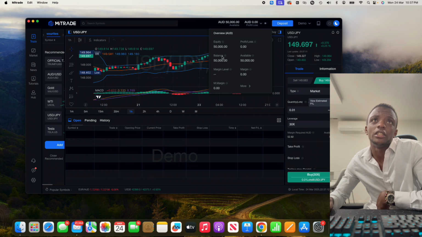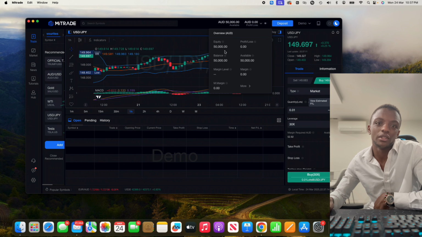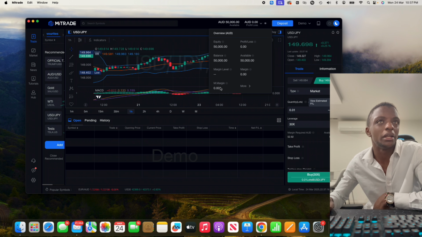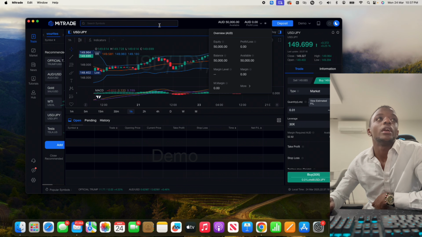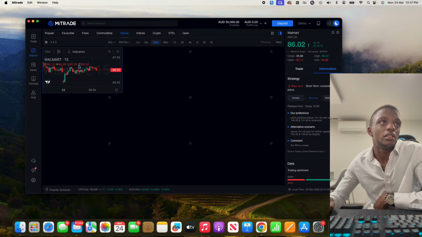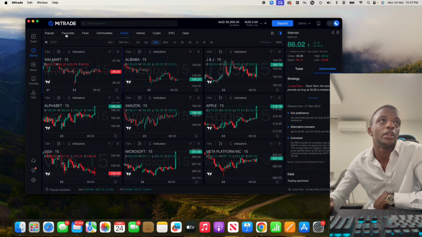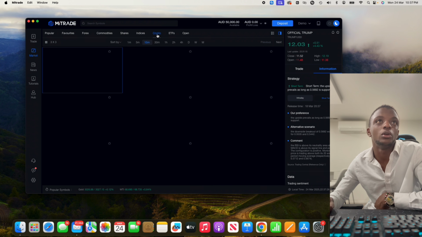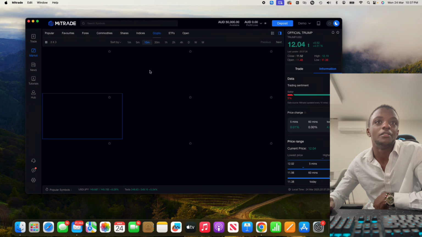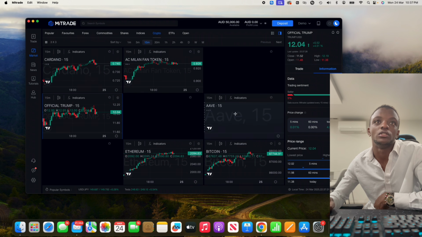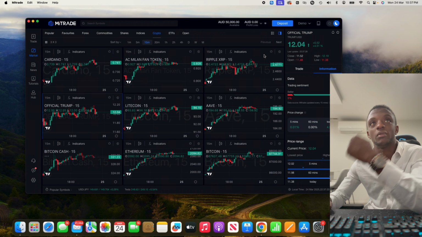This is fake money. It's called paper trading because you're not actually using real money. Now, you can still participate in the actual market and do Forex, crypto, whatever. All of these are still live charts. It just means you're using fake money. Anyway, pretty sure I've made that point clear.